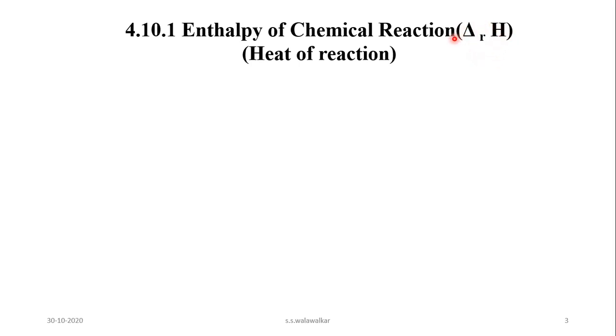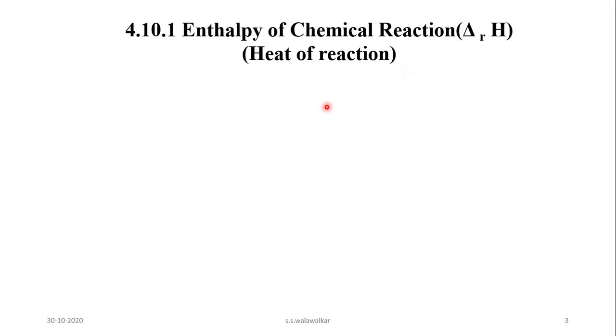If the reaction is combustion, then you write C instead of R. If it is a formation reaction, you write F. If it is a neutralization reaction, you write N. For a displacement reaction, delta H D. Like this, we can represent the enthalpy of a chemical reaction for different reactions.